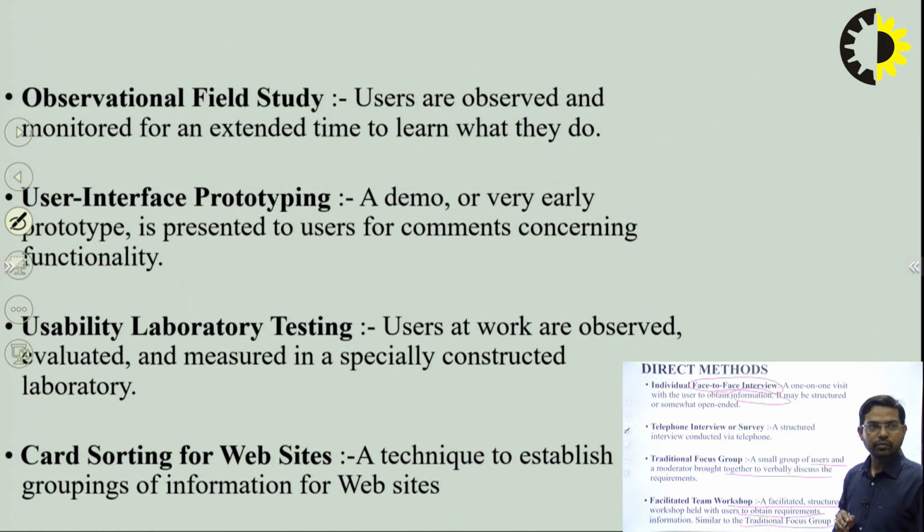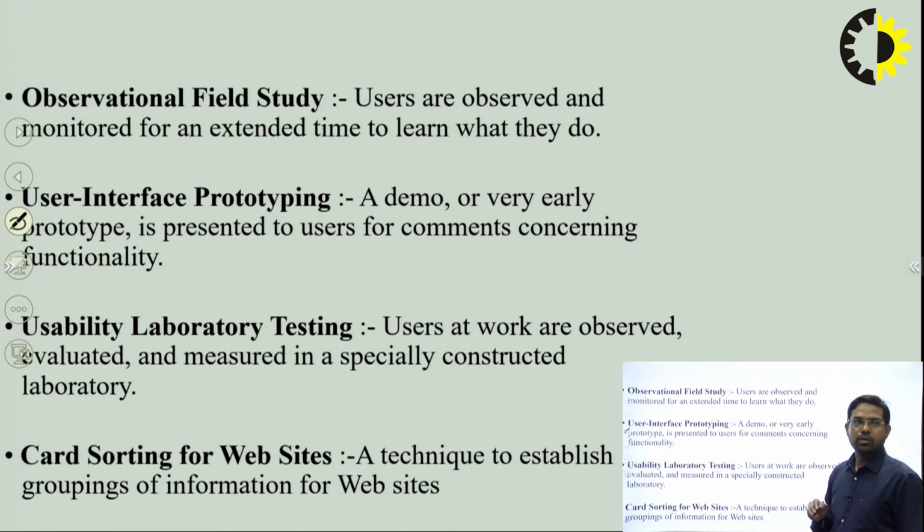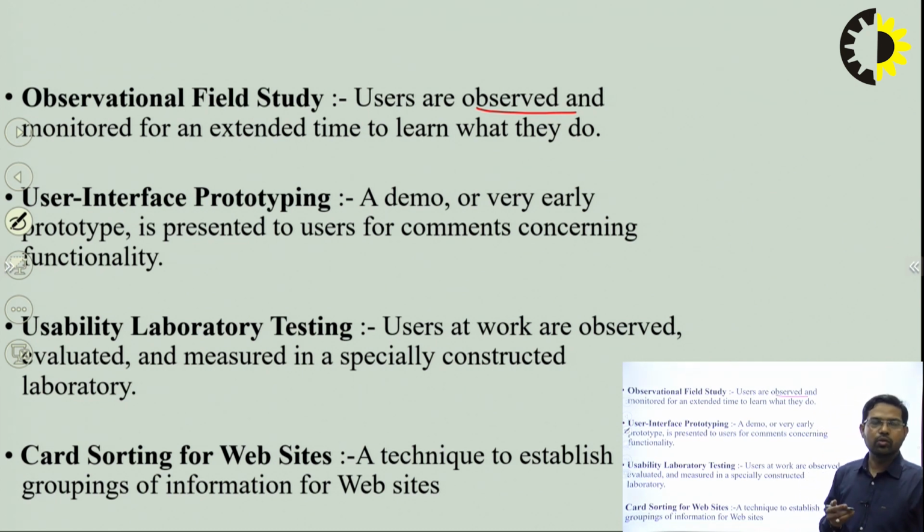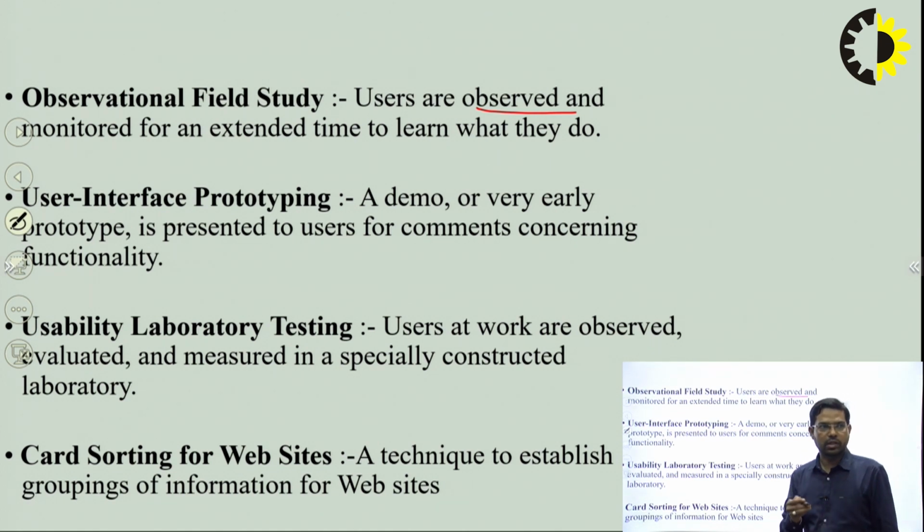Next is the observational field study. Users are observed and monitored for an extended time to learn what they do, for example given a timeline to observe a particular product. Next is user interface prototyping.